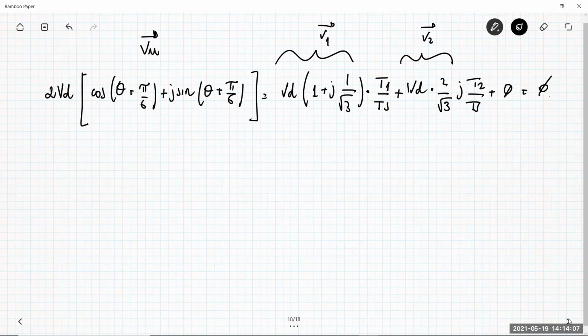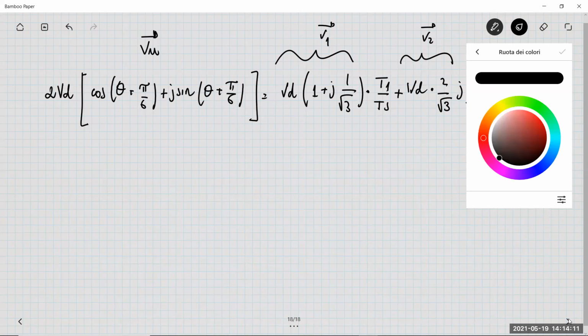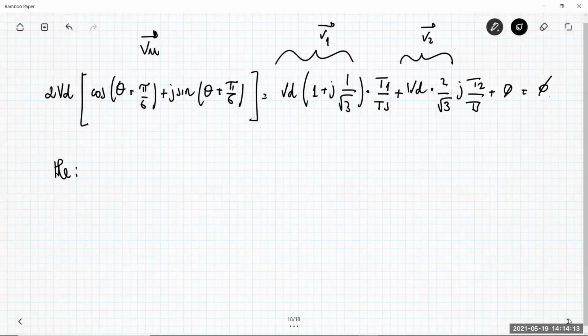So let me separate the real part from the imaginary part. The real part is alpha Vd cosine of theta plus pi divided by 6, and from this side you have Vd T1 over Ts.